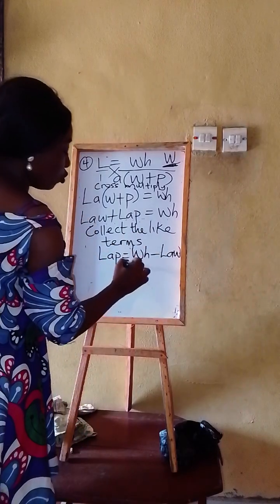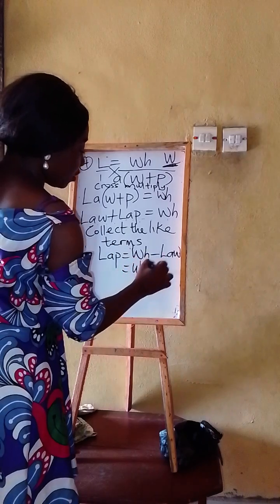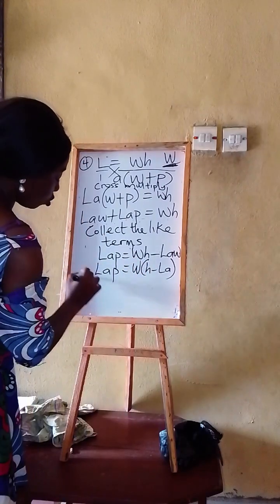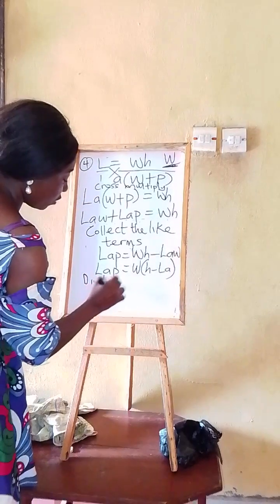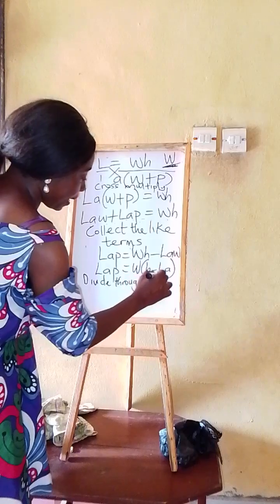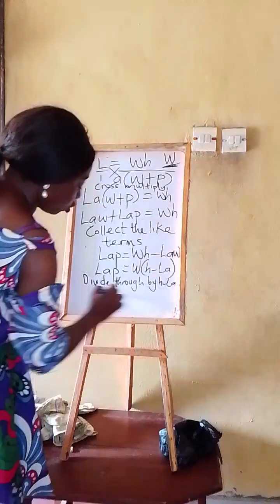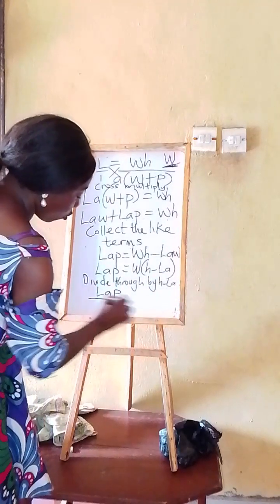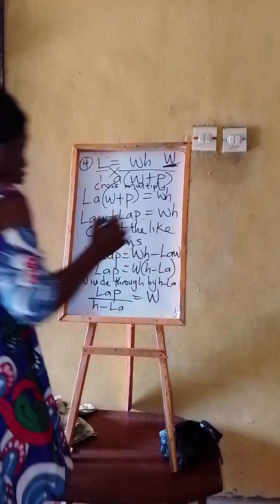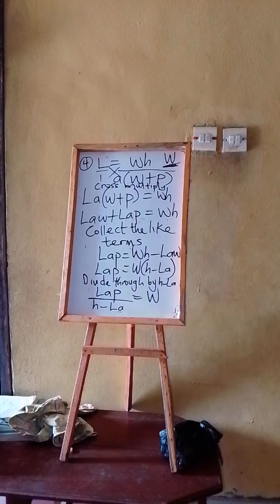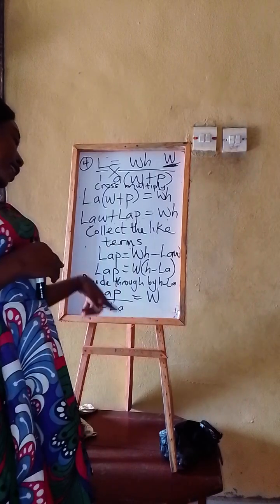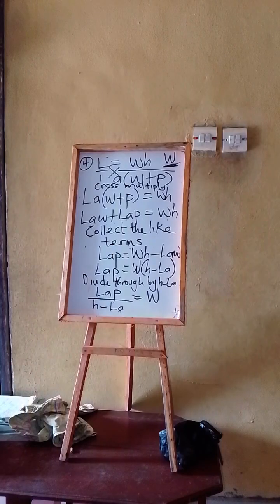So we have W in common, which is H minus LA. So the next thing to do is to divide through by H minus LA. So we have LAP over H minus LA equals W. So W equals LAP divided by H minus LA.